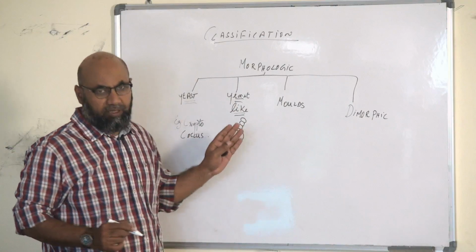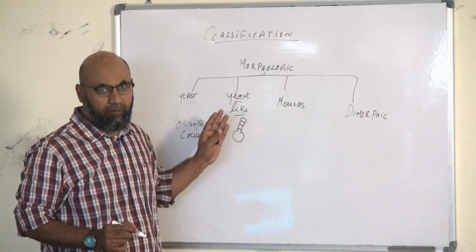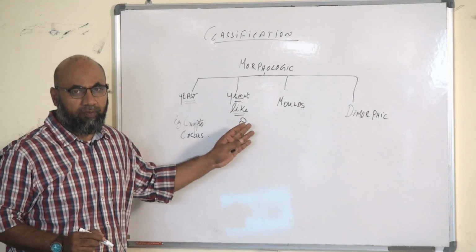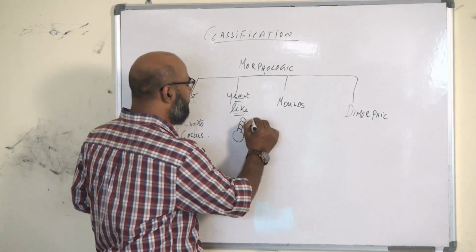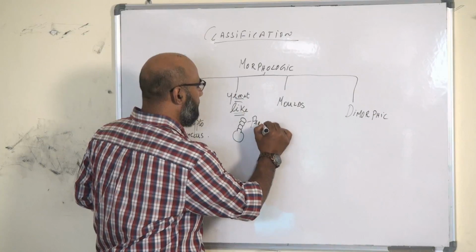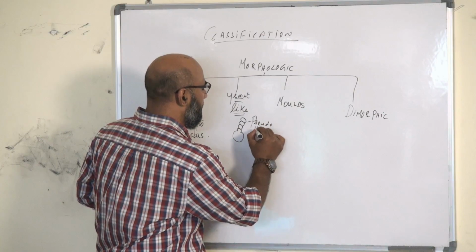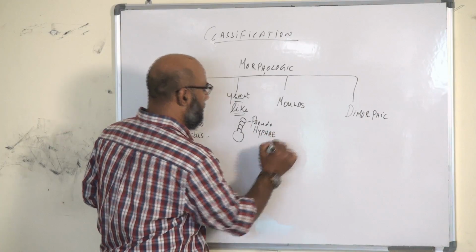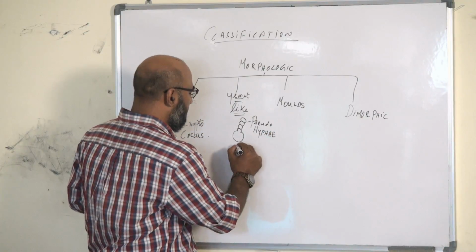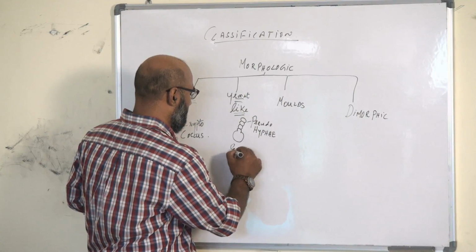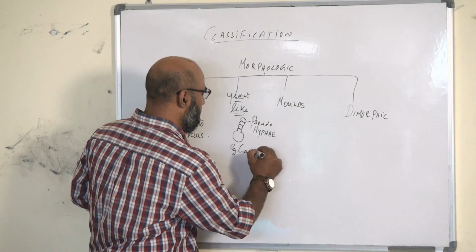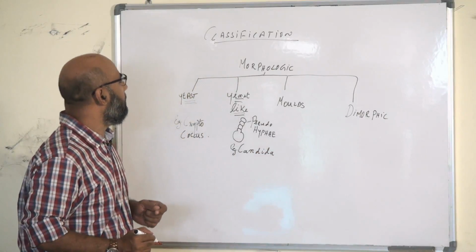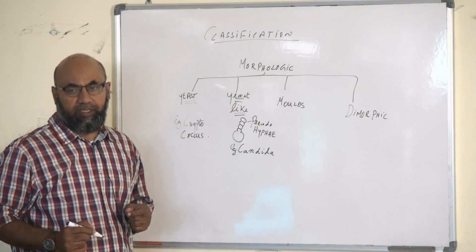They are not present in the yeast-like fungi, but the budding that starts from these fungi looks like a hyphae, and hence this is also called pseudohyphae. It's not a real hypha, it's a pseudohyphae. An example of yeast-like fungi is the very well known Candida.